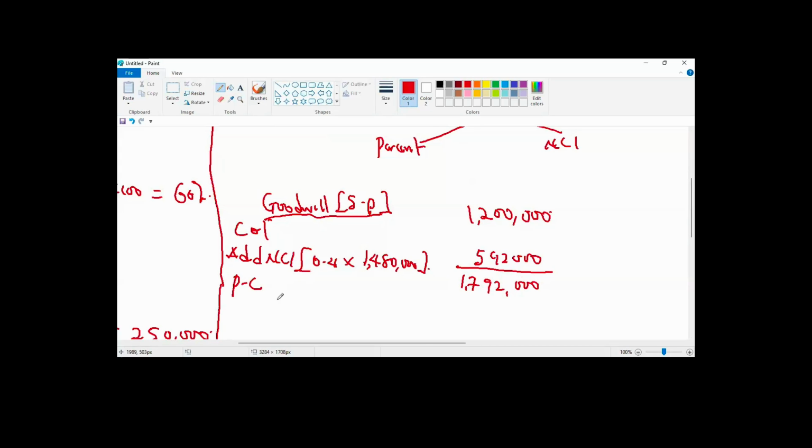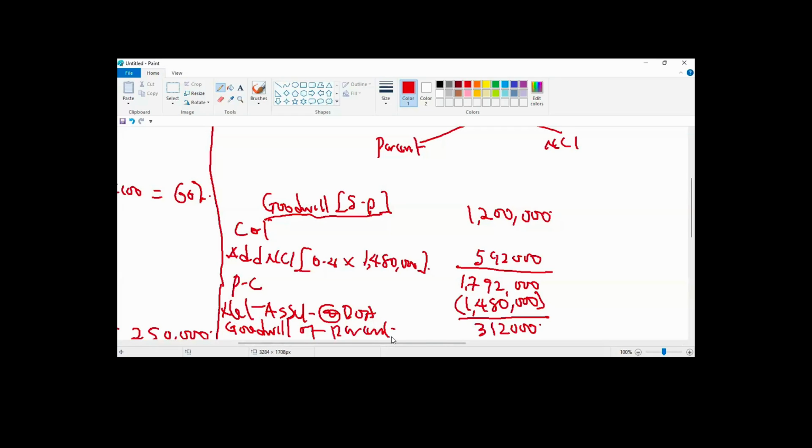I will now less the net assets at the date of acquisition, which is 148,000, giving 312,000. This is the goodwill of the parent.